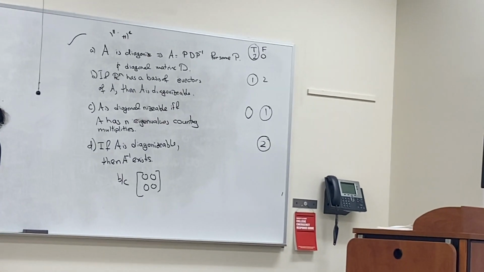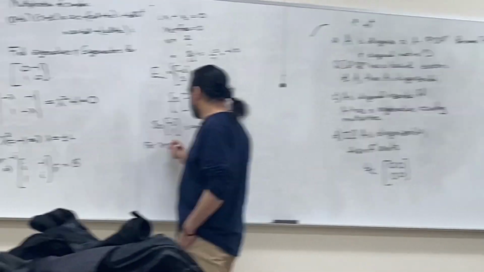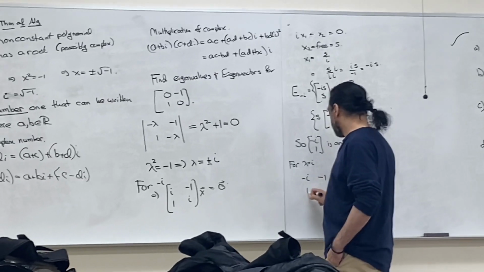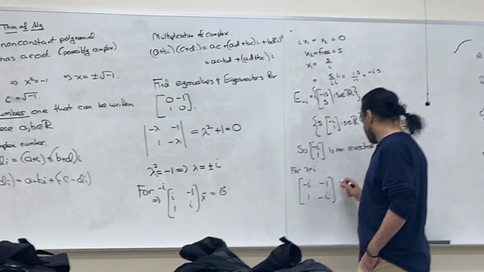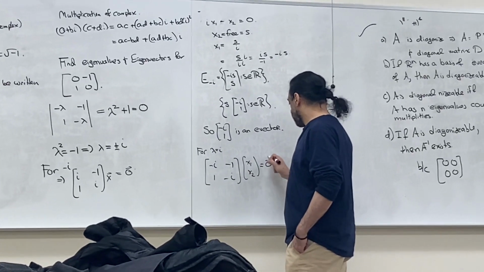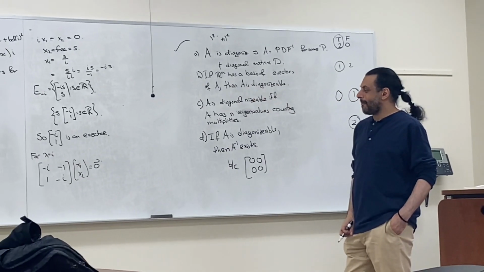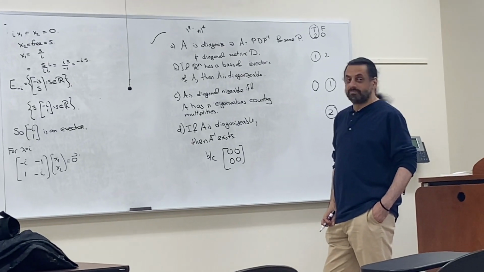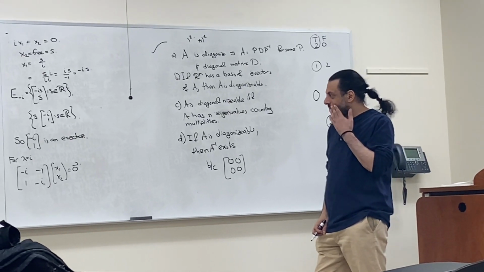Let's see, for, say, lambda is equal to i. What do we want? We want the matrix with rows minus i, minus 1 and 1, minus i. Is this matrix singular? It should be, right?